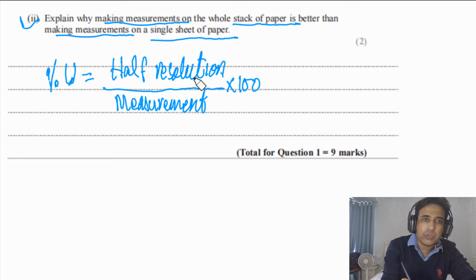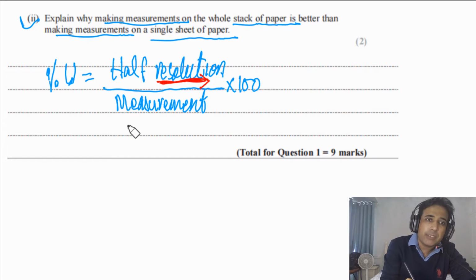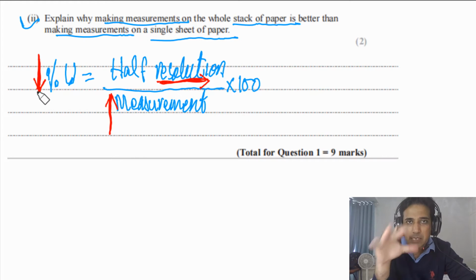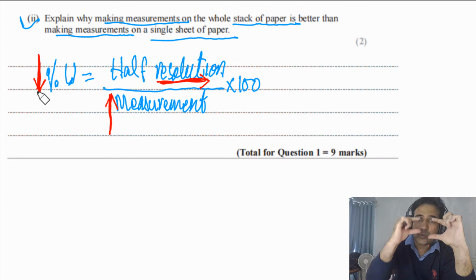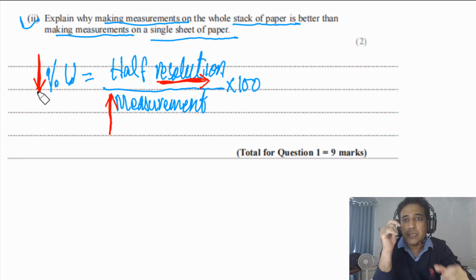For the same instrument, you need to understand, resolution is the same. But if we increase this measurement, it means the percentage uncertainty will go down. That's the reason we place many sheets of paper on top of each other to find the thickness of one sheet of paper. So in this case, we can minimize percentage uncertainty. I hope this makes sense.